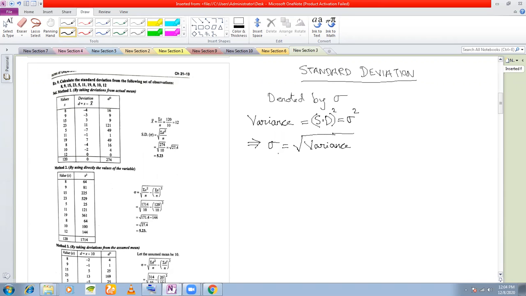Okay, let us take the first example. This example is given there in your textbook. Calculate the standard deviation, find SD from the following observations.